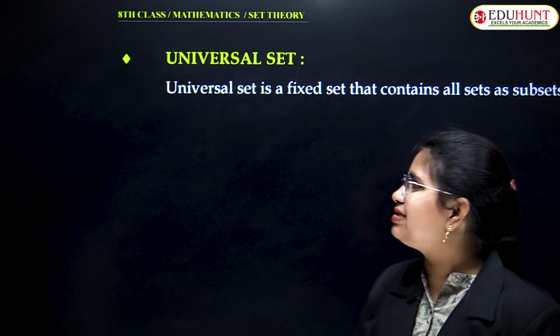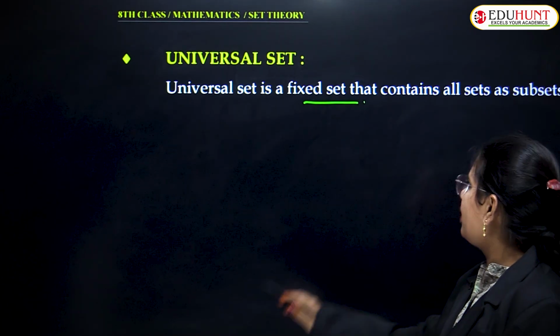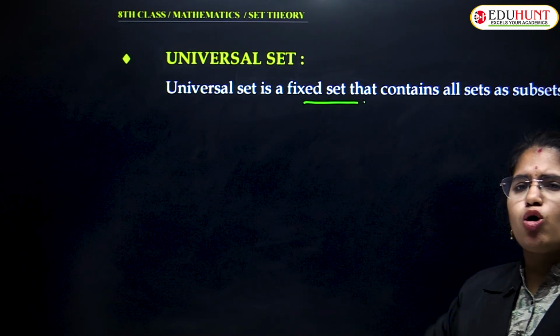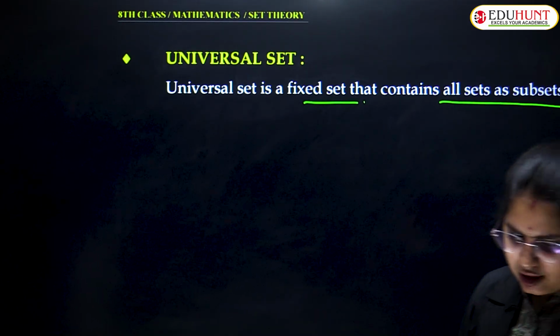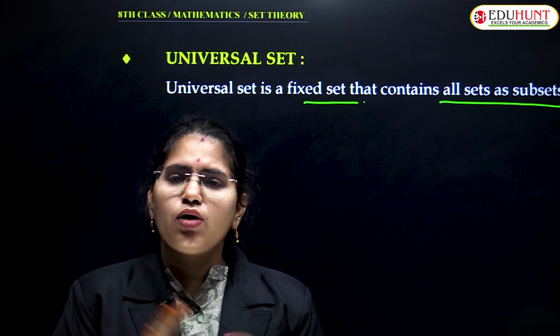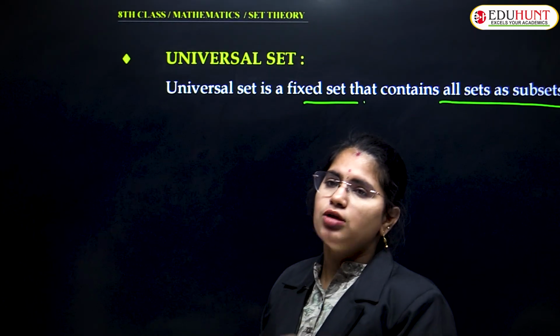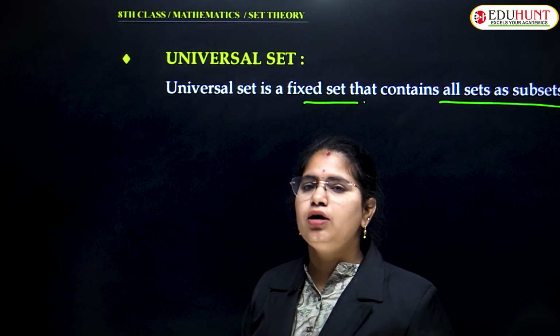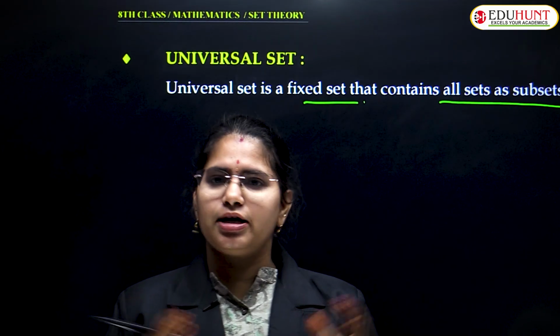Okay. Universal set is a fixed set that contains all sets as its subsets. So, the definition is quite clumsy, so I always try to elaborate this with an example. Okay. So, you might have learned about real numbers, right? A basic mathematics example.